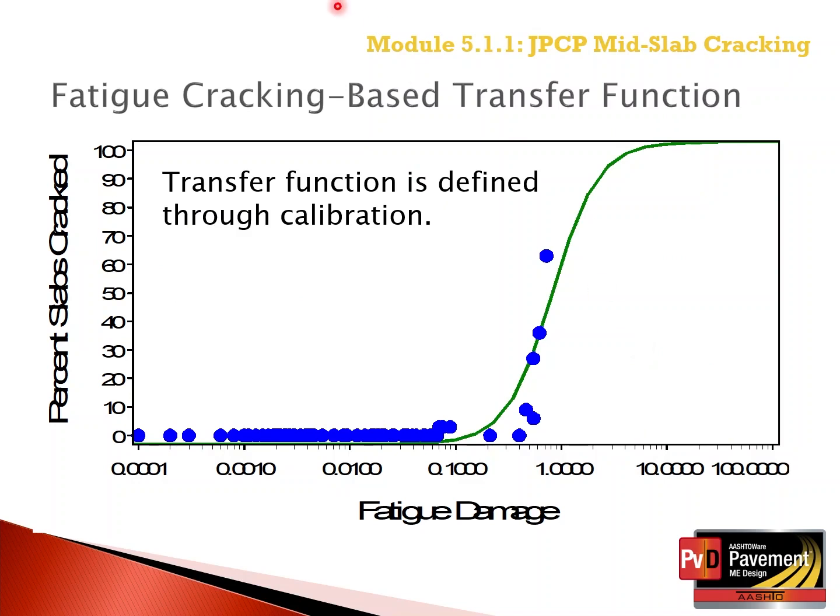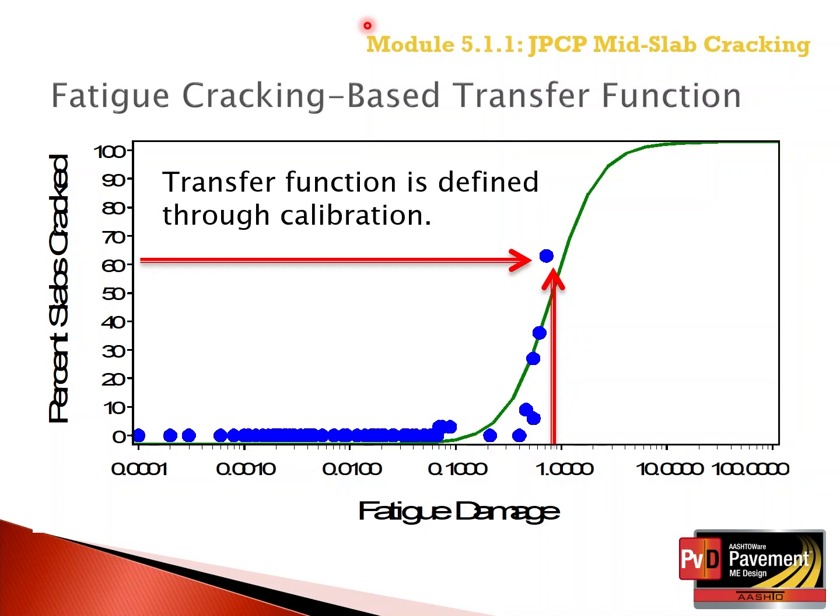The graph displayed in this slide is an illustration of the transfer function for jointed plain concrete pavement fatigue cracks or percent cracked slabs. The transfer function is defined through the calibration process by relating the accumulated fatigue damage to the amount of fatigue cracks at specific times for many different jointed plain concrete pavement sections.